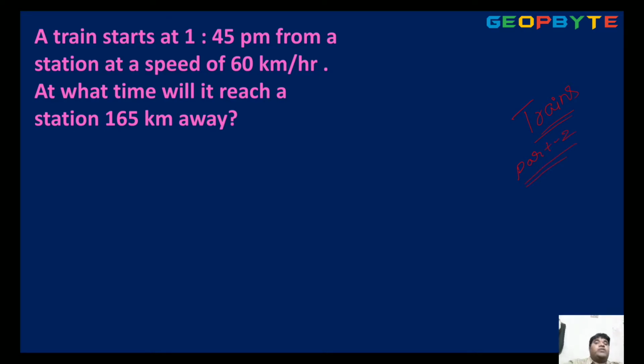Previous year questions. Observe. A train starts at 1:45 p.m. from a station at the speed of 60 km per hour. At what time will it reach the station 165 kilometers away? So start at 1:45, speed 60, it covers 165. Time is 165 by 60.